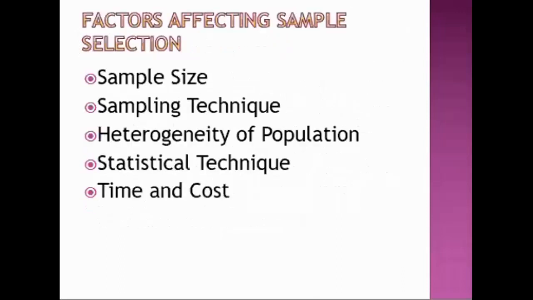Factors affecting sample selection. We have 5 factors: sample size, sampling technique, heterogeneity of population, statistical technique, and time and cost. Sa sample size, ilan yung kailangan ninyong bigyan ng survey or ilan ang kailangan ninyong interviewin.